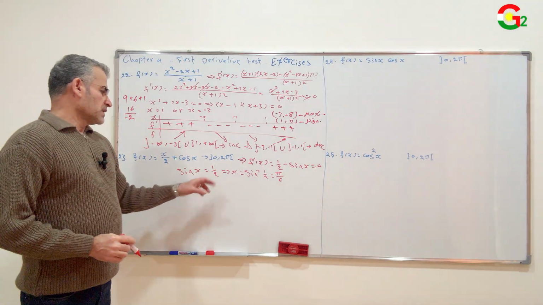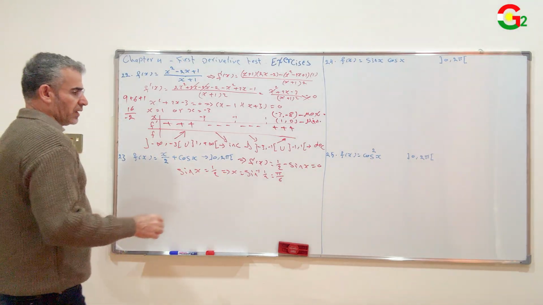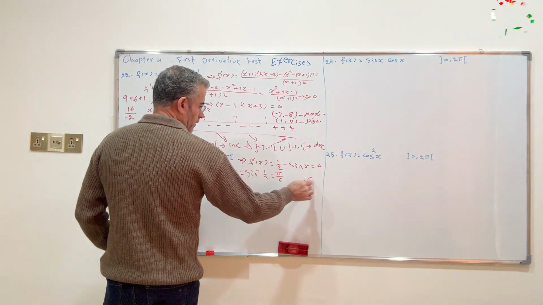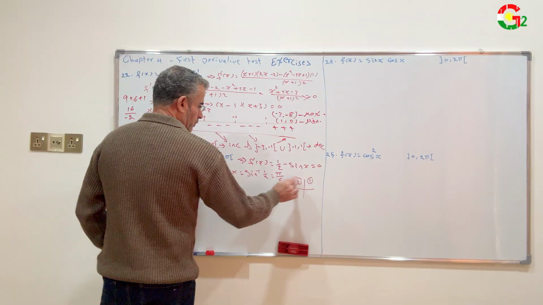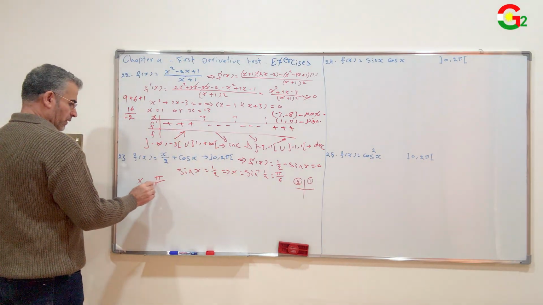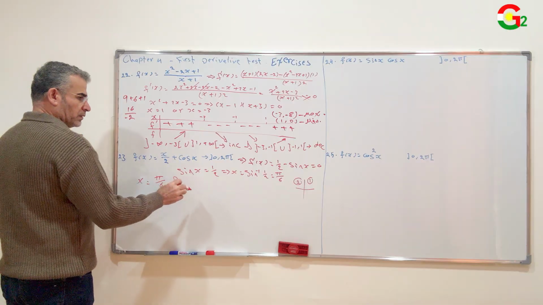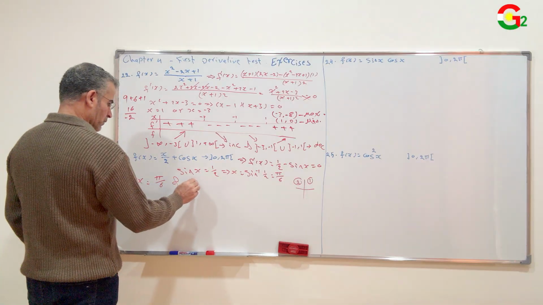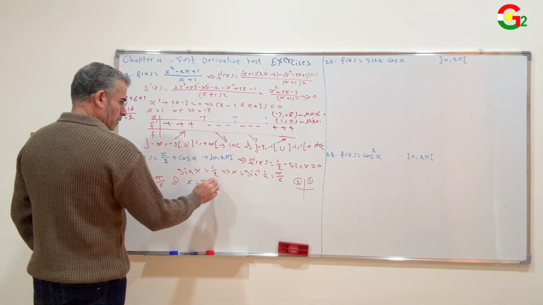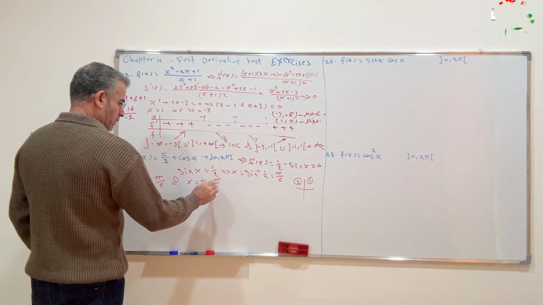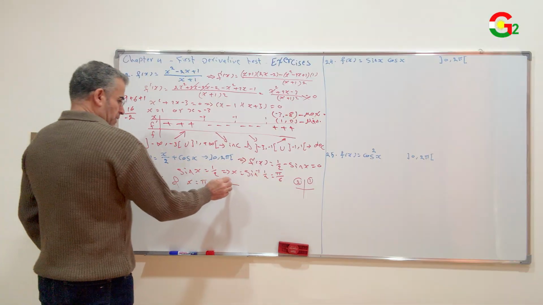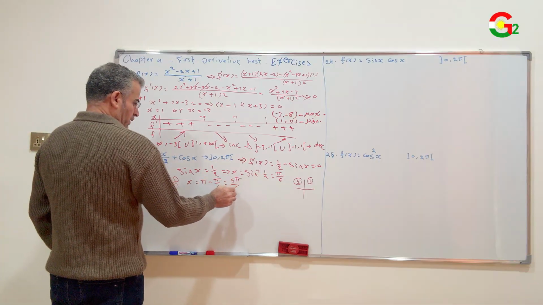The sign is positive in quarter 1 and quarter 2. In quarter 1, x equals pi over 6, and in quarter 2, x equals pi minus pi over 6, which is 5 pi over 6.